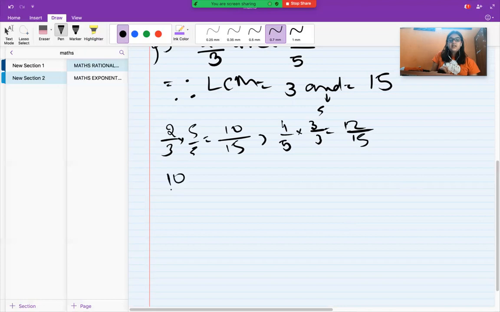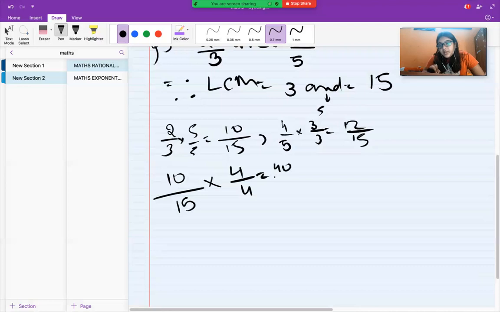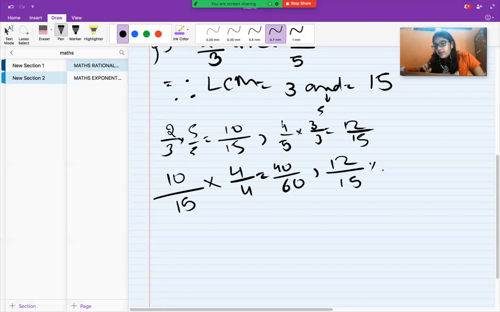So we'll do that. 10 by 15 into 4 by 4 is equal to 40 by 60, and 12 by 15 into 4 by 4 is equal to 48 by 60. So 40 to 48. So there are 5 rational numbers between them.